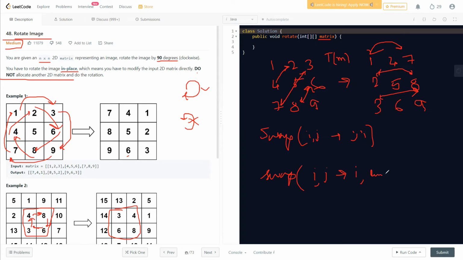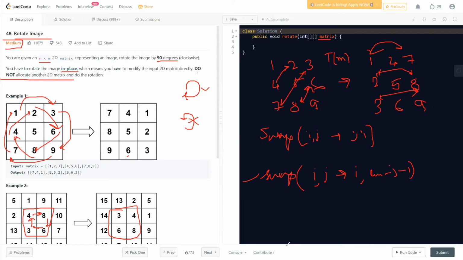It's like the length of the row, that's n, right? Length minus j, because that's the j count, and then minus 1 because that's the index of the element we are at. So we simply do these two steps, and that's how we end up having our desired answer.